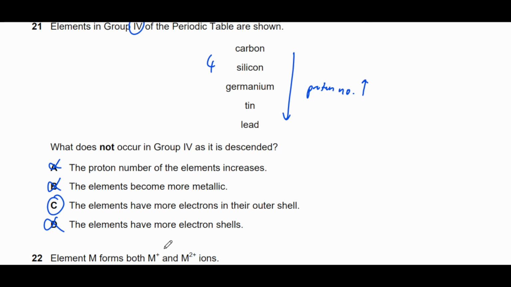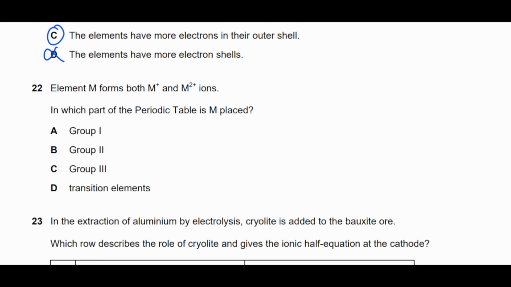Element M forms both M+ and M2+ ions. Which part of the periodic table is M placed? This might be a bit of a trick question to some people, because they give you group 1, group 2, group 3 and transition elements. You need to know that transition elements have variable oxidation states.